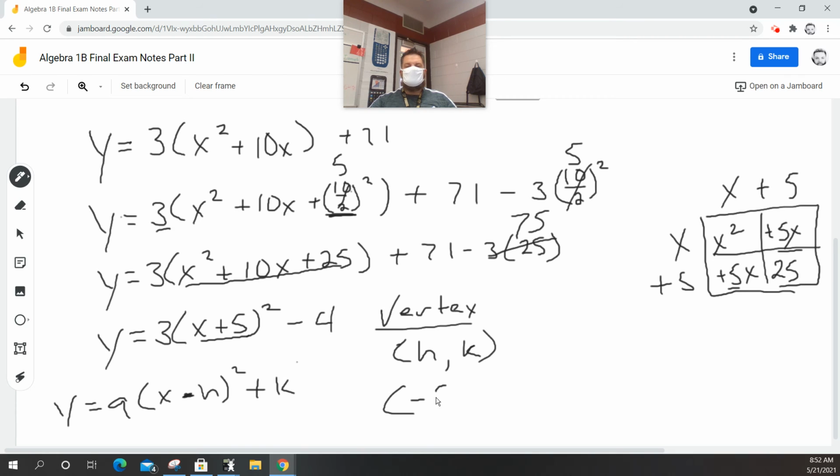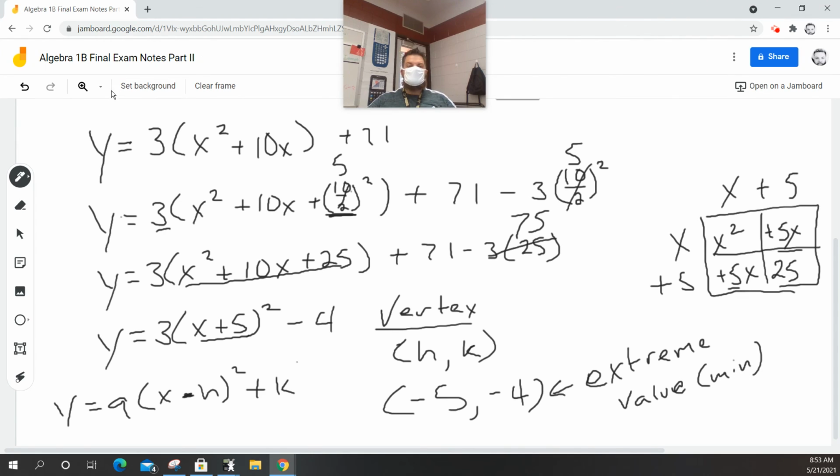So this would be negative 5, and then k is negative 4. This is what we would call the extreme value, because it's a minimum or a maximum. It's a minimum. I had to think about that for a second. It's a minimum because a is positive. So that's your extreme value, which is a minimum.